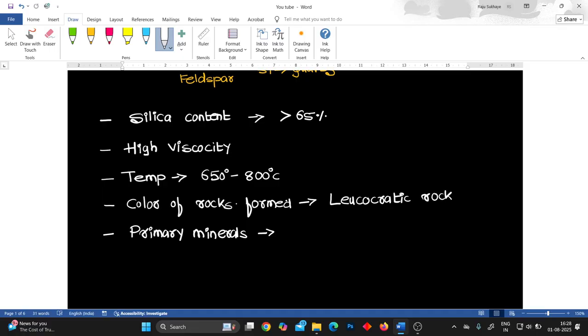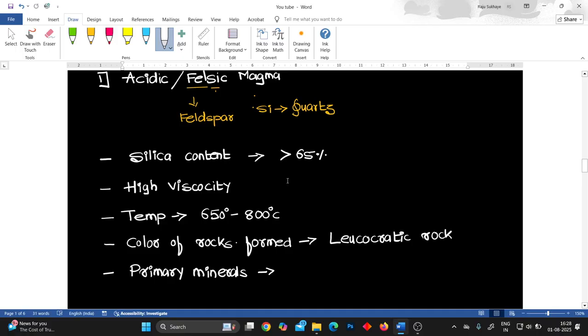These minerals are quartz and feldspar, because the majority of it consists of these minerals, and that is why they have given this name felsic. So the primary minerals are quartz, the feldspar group of minerals, and muscovite.